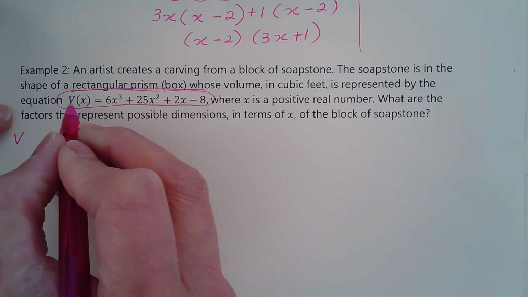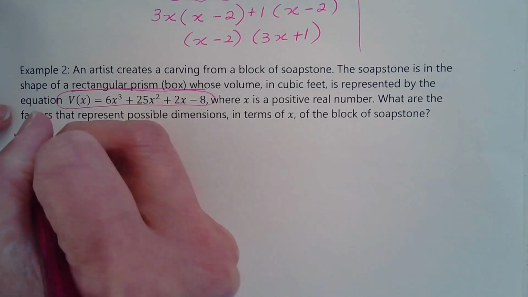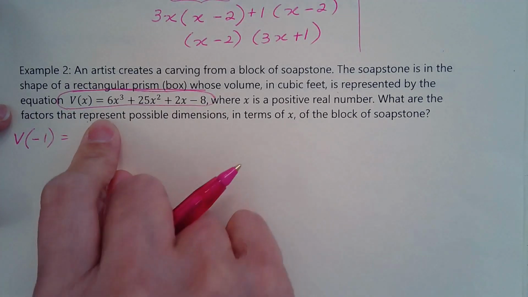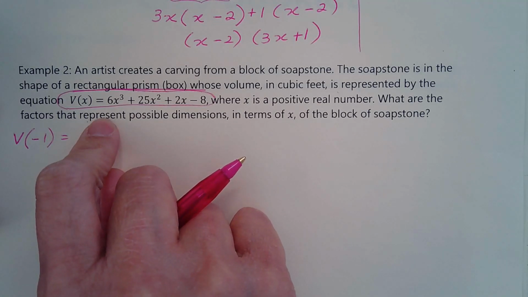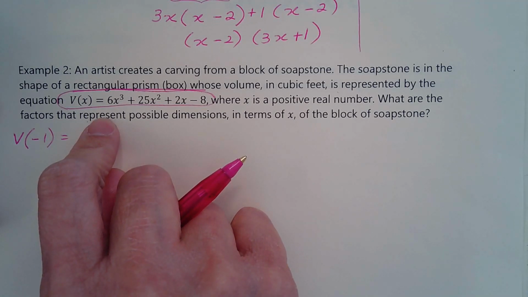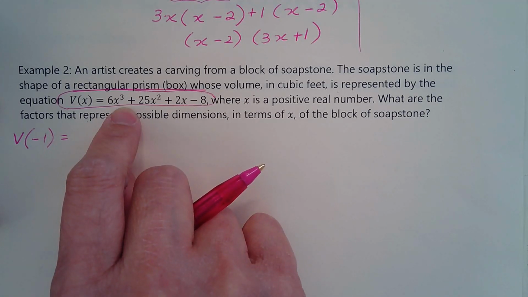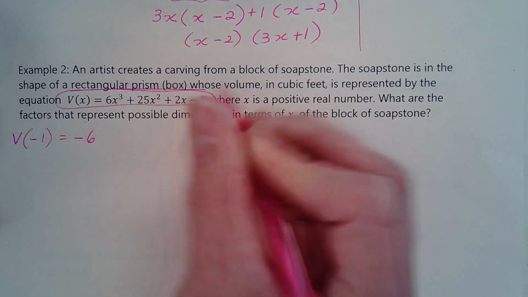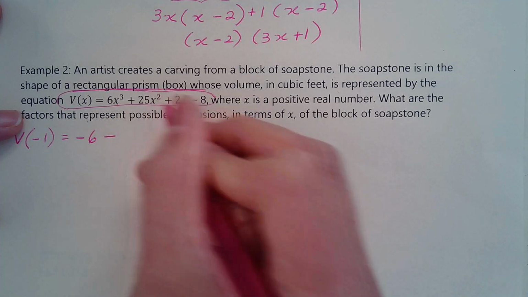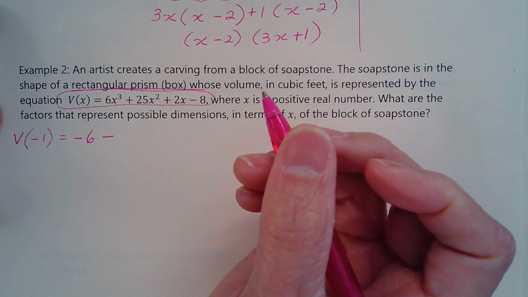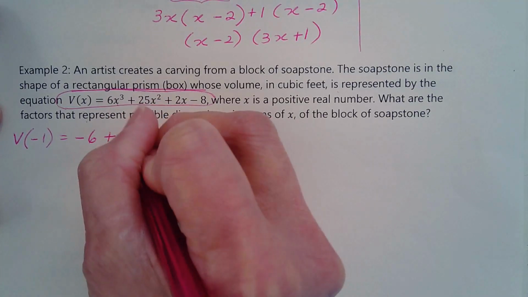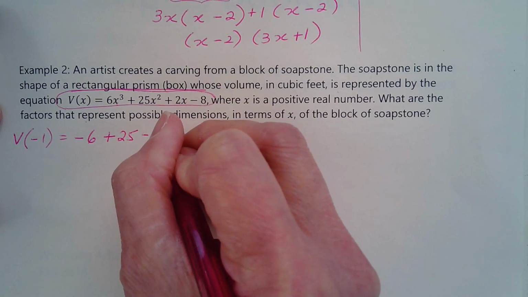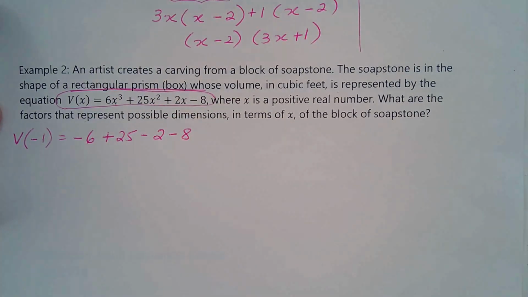V, I'll just put V because this is V. V of -1. What if x is -1? Will that give us a 0? That's gonna give us -6 minus, oh no, that's gonna give us plus 25, -2, -8.